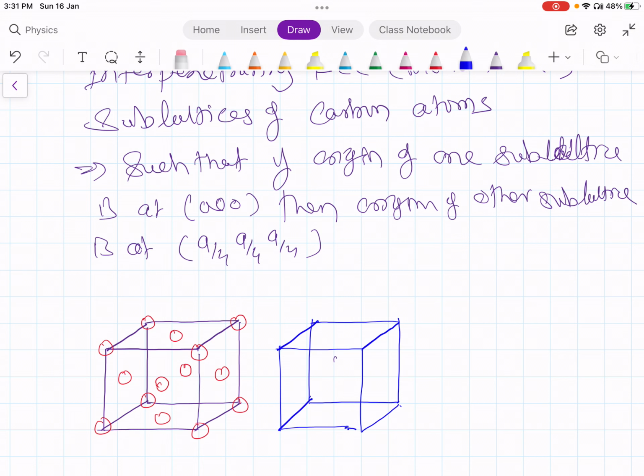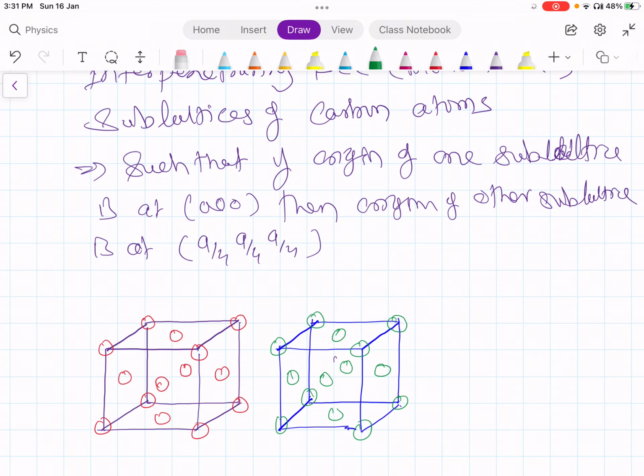This is also an FCC monoatomic sublattice. In this case also, there are 8 corner atoms and 6 face center atoms, on the front surface and the backside surface.